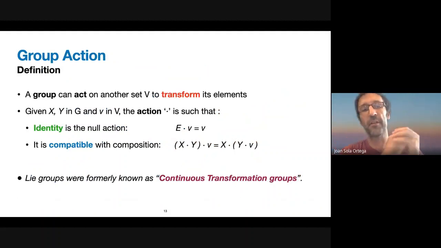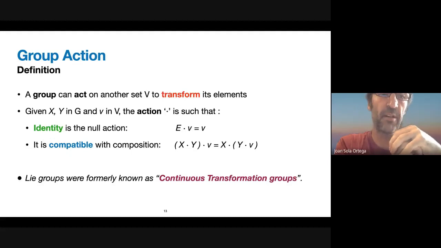So important for Lie groups, which has also already been introduced before, is that they can transform elements of other sets, okay? We call this the group action. So what is the action of a rotation matrix? It's rotate, okay? What is the action of a rigid transformation matrix? It's rotate and translate, okay?